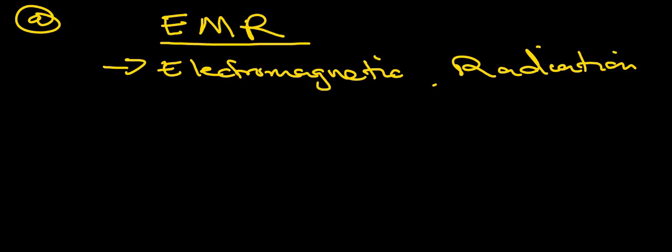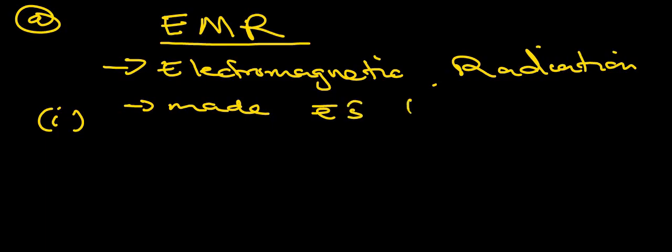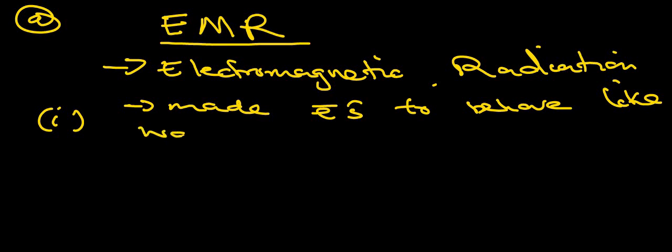But this EMR made these electrons behave as if they have wave-like properties or particles, and hence the certain things that we're going to experience. So this thing made electrons behave like waves.